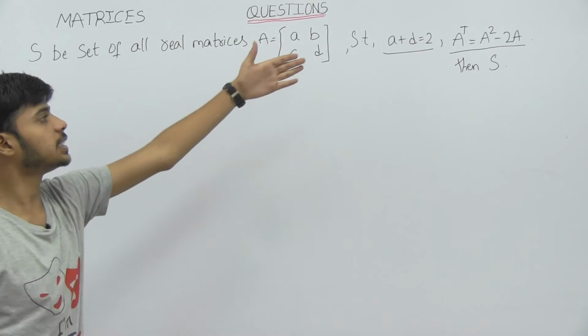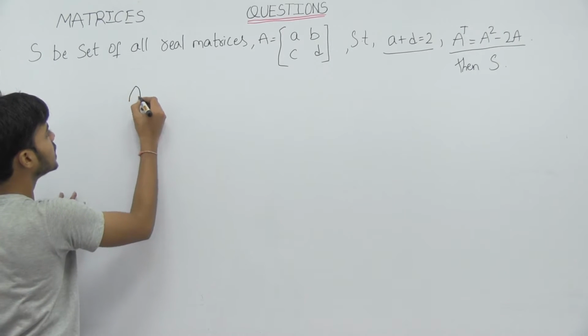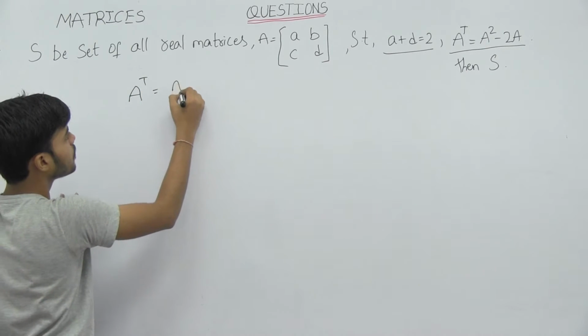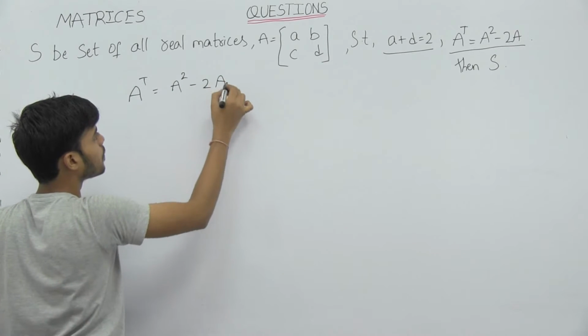So first let's start from the given information, which is A transpose is equal to A square minus 2A.